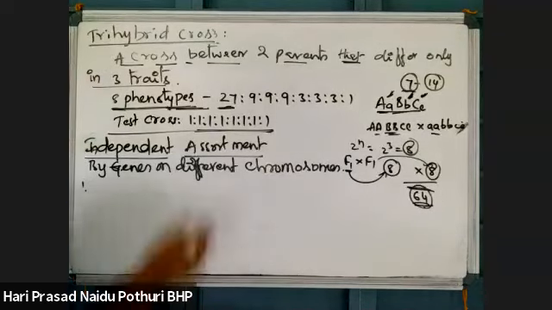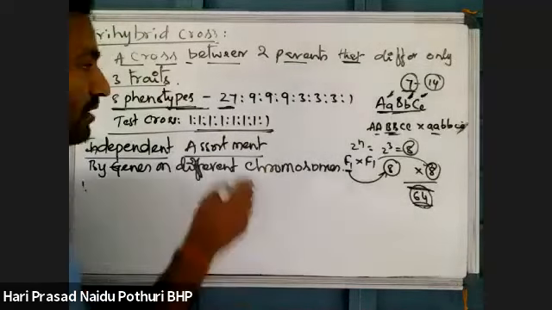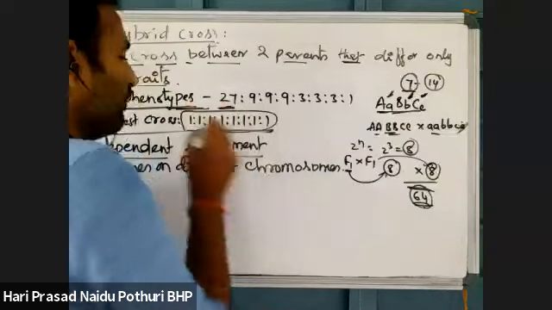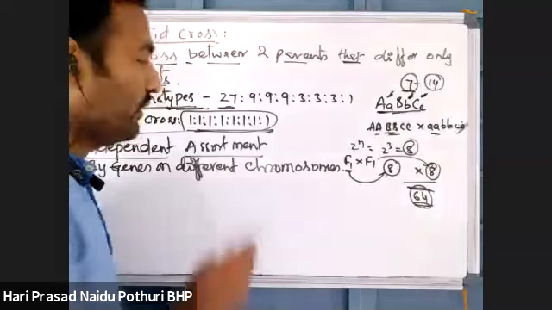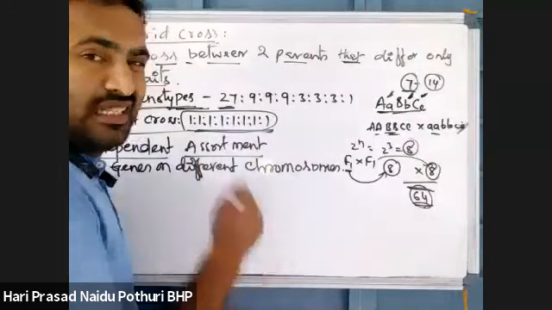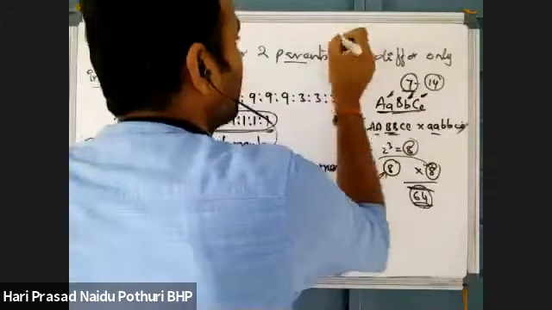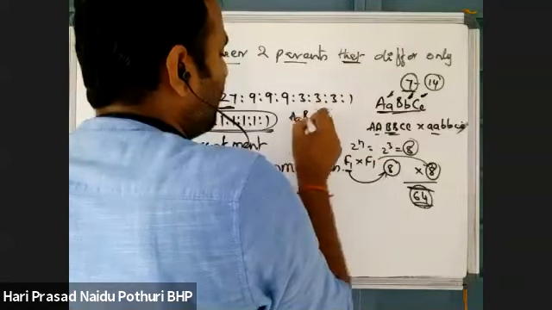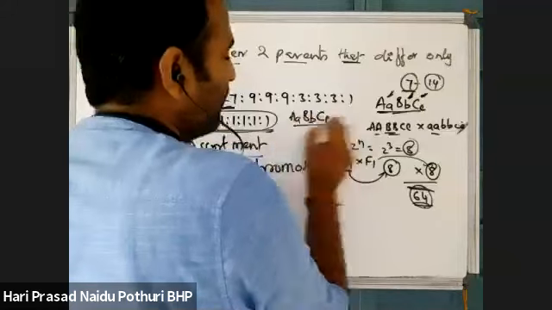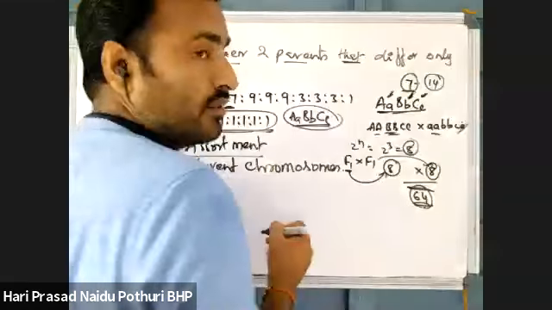Test cross, 8 different phenotypes are possible. That is not needed actually. What does test cross mean? Here, capital A, capital B, capital C, small c. This is one F1, right?